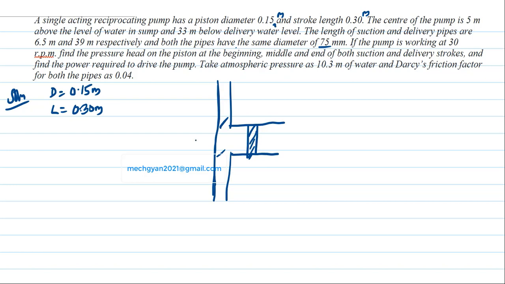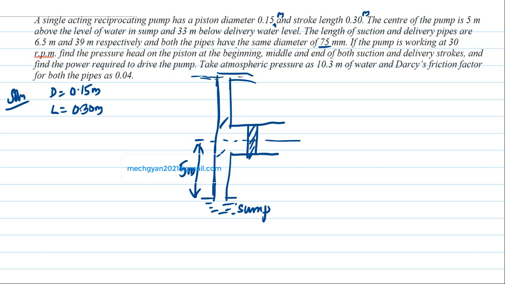The center of the pump, this is the center of the pump. This is our sump. The center of the pump is 5 meter above, so this is basically 5 meter, and the center is 33 meter below the delivery water level.